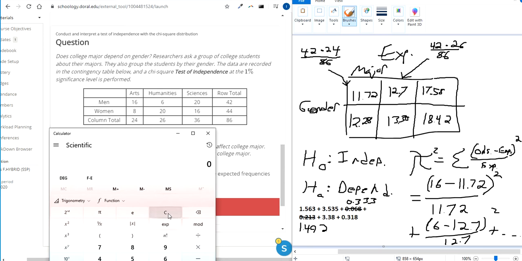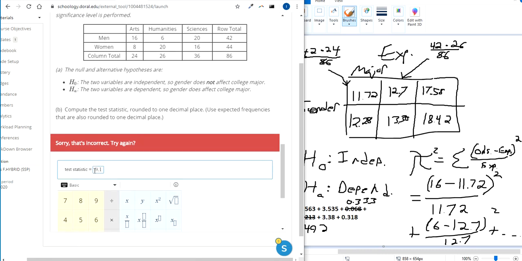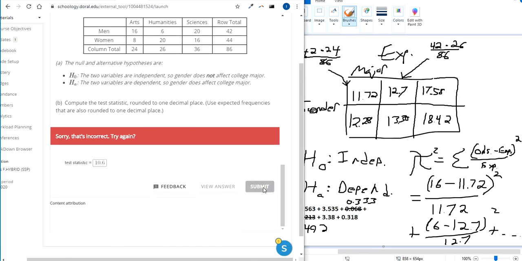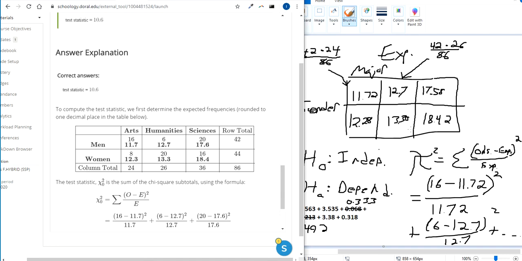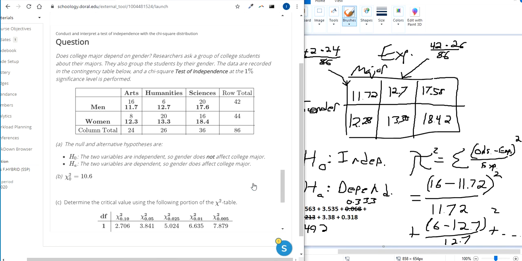Okay, so now that I fixed those two, 10.621, so 10.6 is my corrected. If I get this wrong, I'm going home. 10.6. Phew. Okay, so I guess the lesson there is we got to be very careful with each calculation because then you got to go back and check everything.